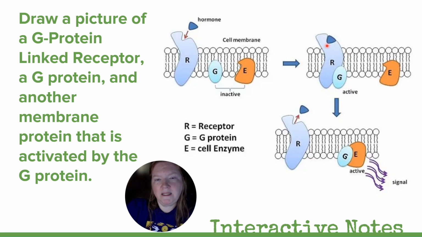When the hormone binds, this receptor changes shape, causes the G protein to bind to the receptor, which causes the GDP to get replaced with a GTP. This becomes active and moves over in the membrane and binds with this enzyme and activates it.